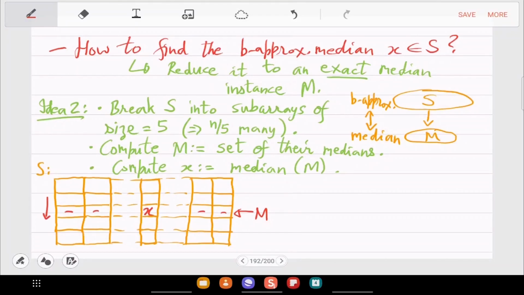So I can look at this array as 5 cross n by 5, where each subarray is just a column.